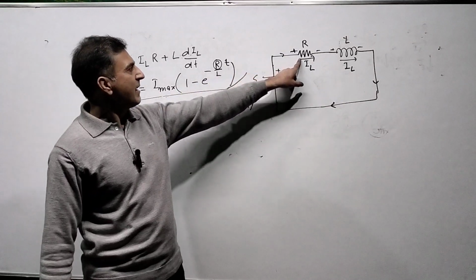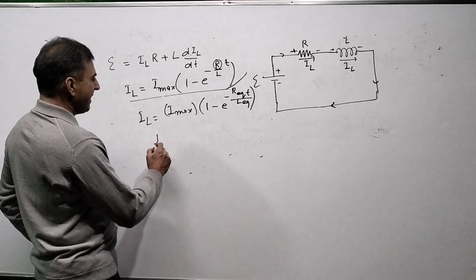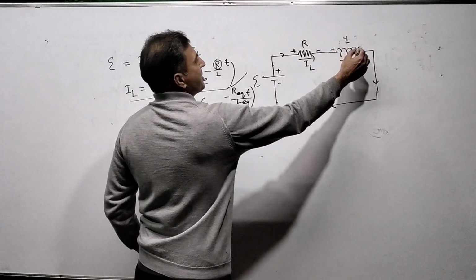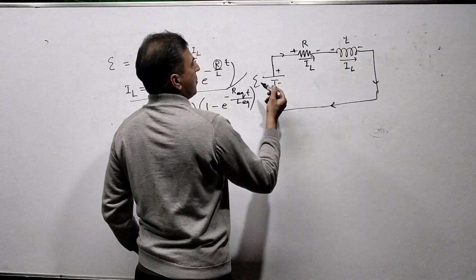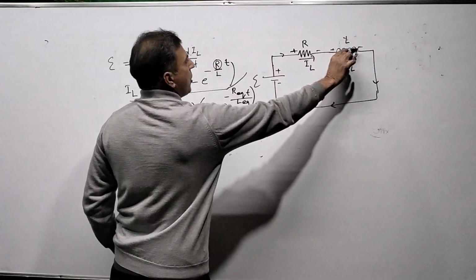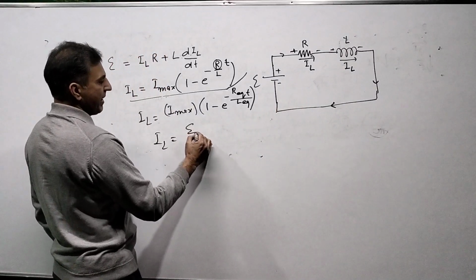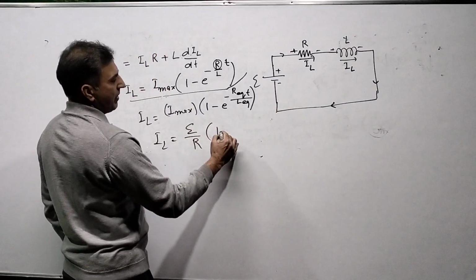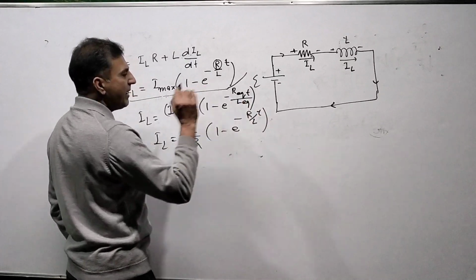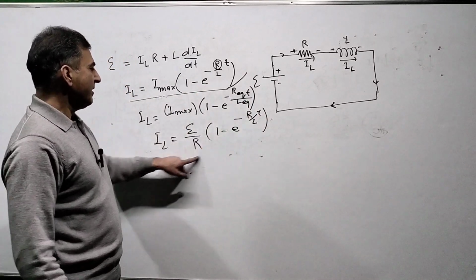Here in this case, I max should be when it becomes a short circuit. Finally it becomes just a wire, so the current at that time is E by R. So finally when this becomes a short, current is maximum, that is E by R, into 1 minus e raised to power minus R by L times T.